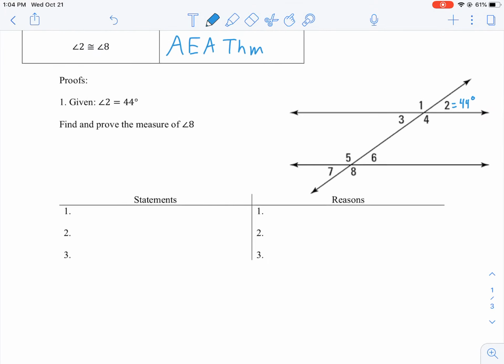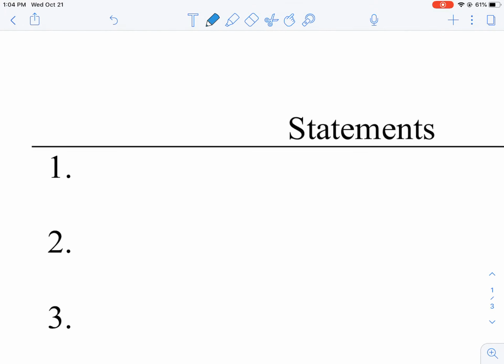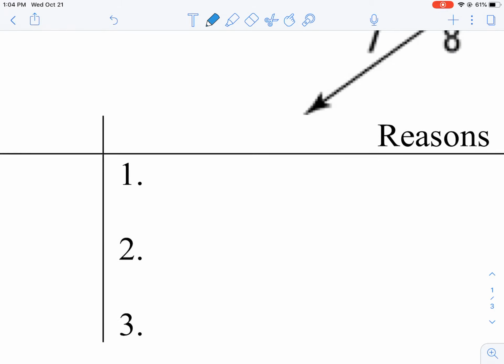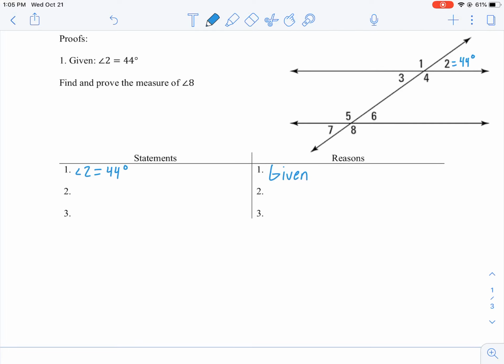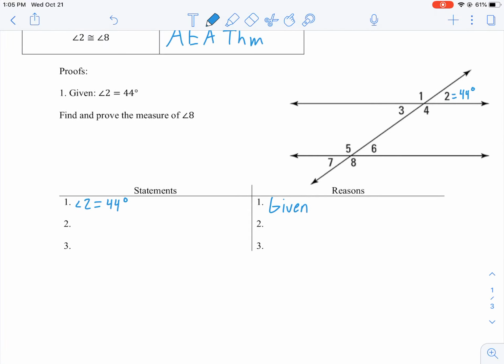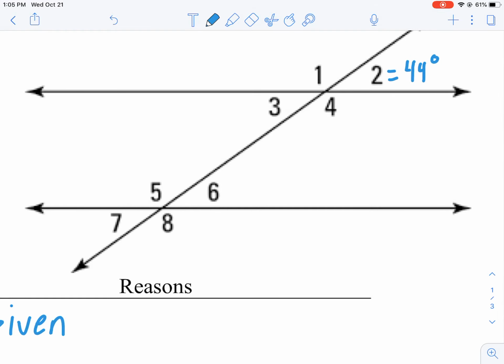Our given is angle 2 equals 44 degrees. And now we want to prove angle 8. So how can we get to angle 8? There's a couple different ways that you could do this. There's not one right answer. I'm just going to show you some examples.